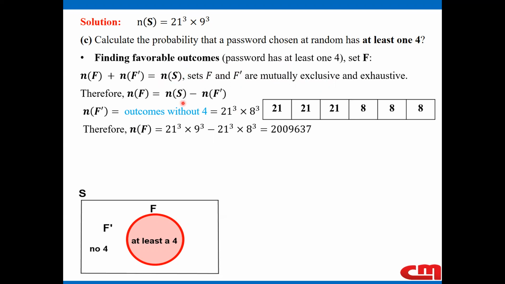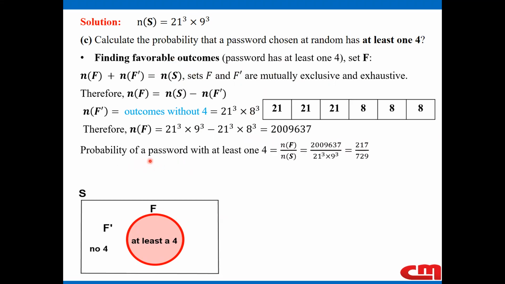That is true. Therefore, all I need now is to find the probability of a password with at least one 4, which is the number of favorable outcomes over the number of possible outcomes. Favorable is this over the possible, which is this. It reduces to that.